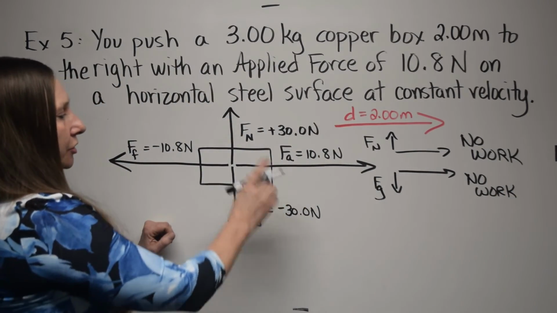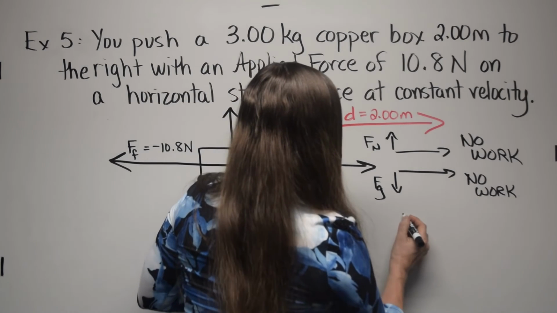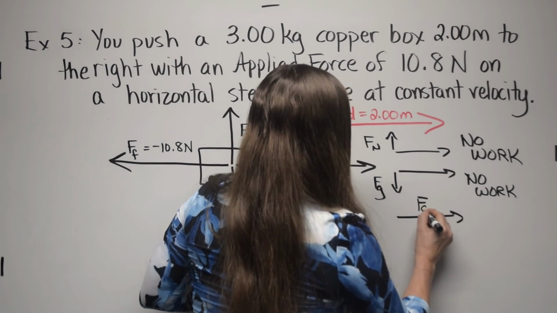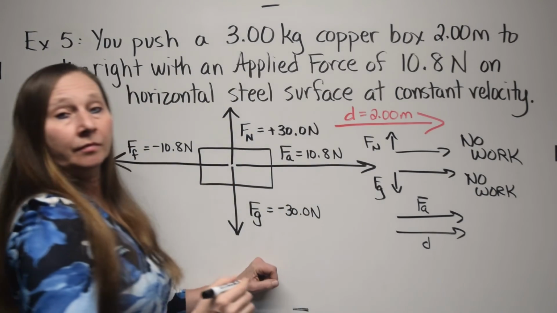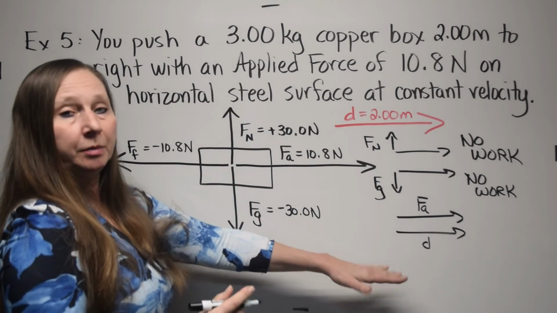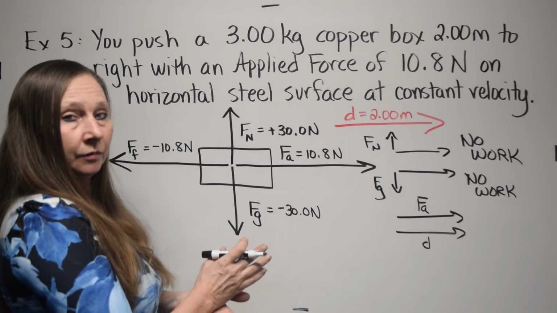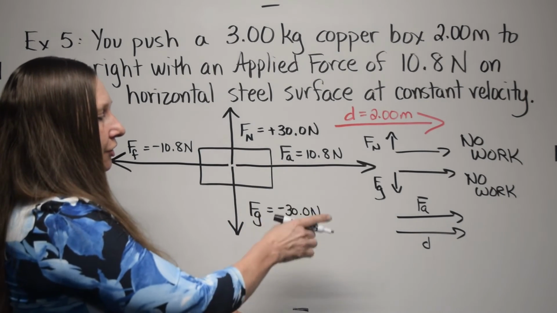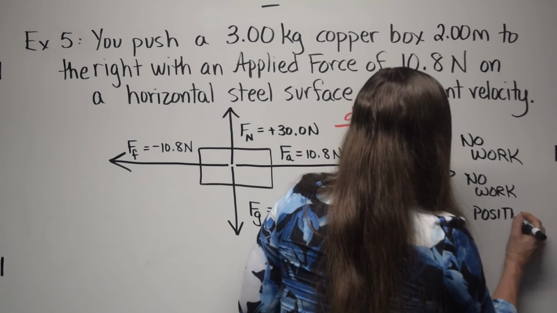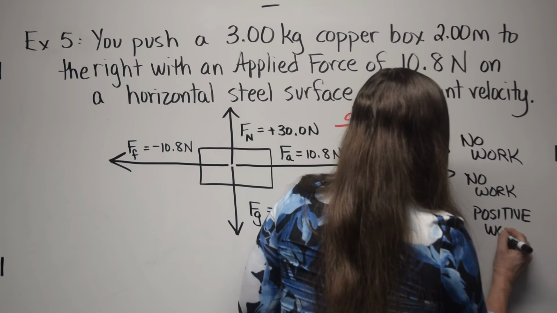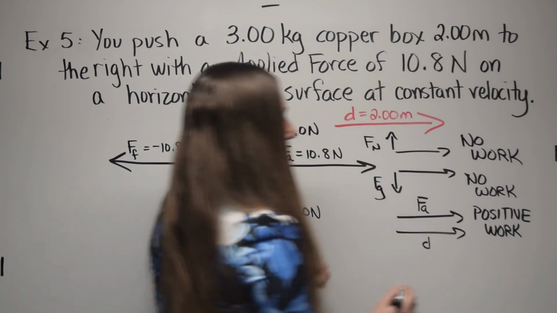Now, the applied force is to the right. F applied. The displacement is to the right. So the force and the displacement are parallel, so work is being done. Same direction, that's going to be positive work. So the applied force in this case is doing positive work.